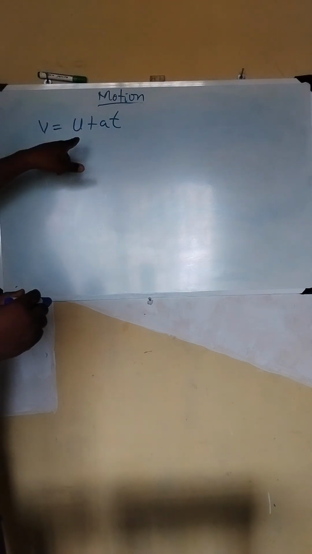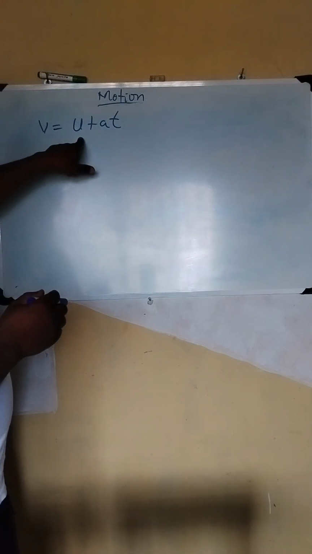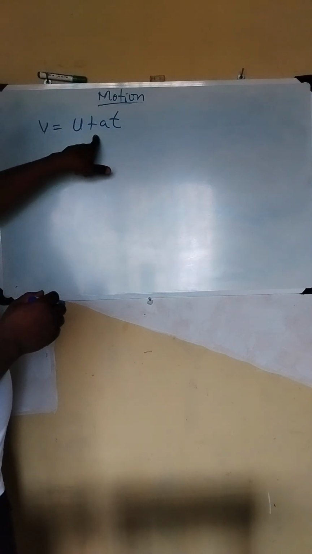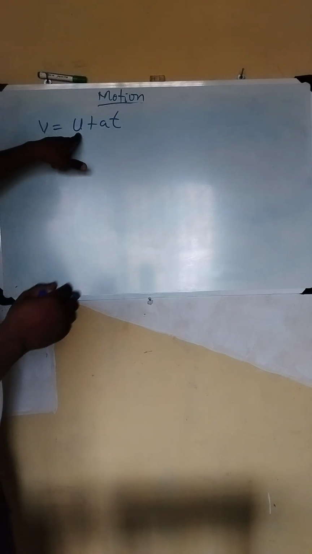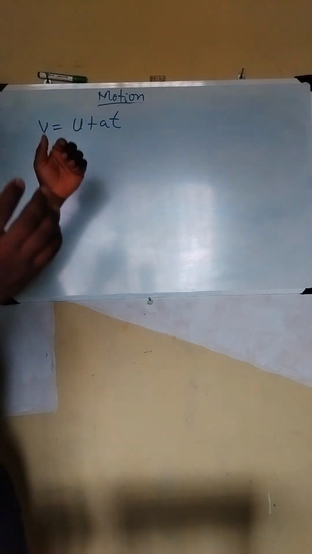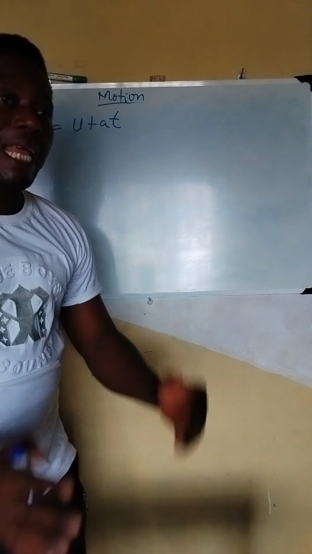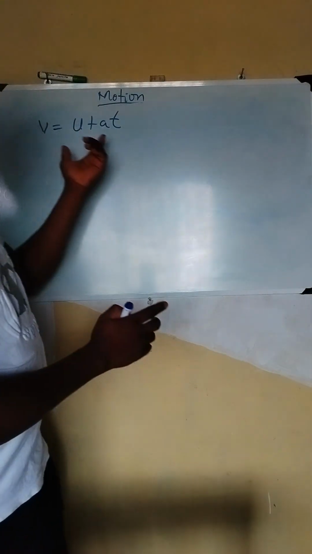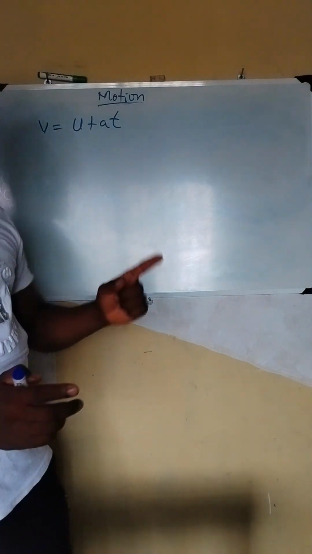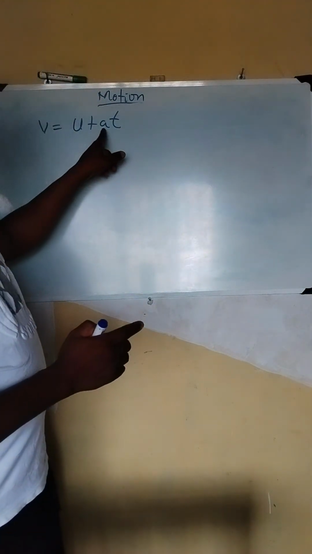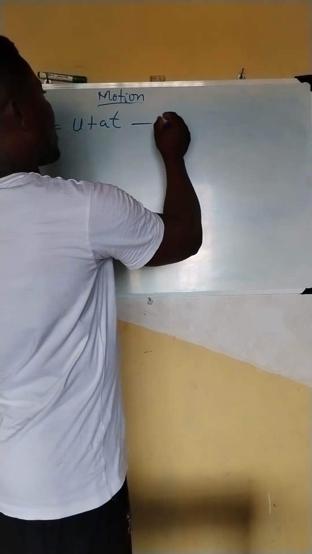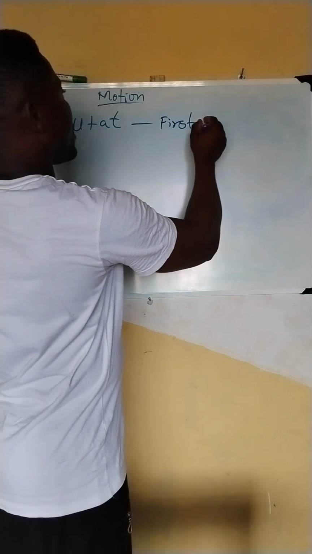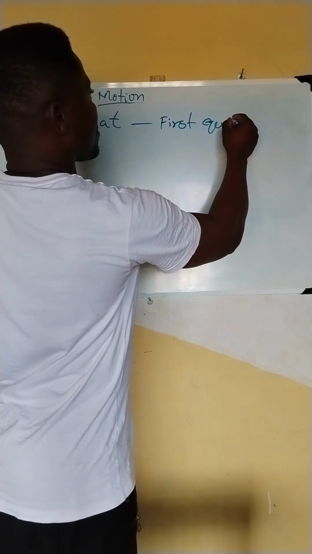When you are to use this equation, the initial velocity is given to you, at times is always 0, because if a body is at rest and the body starts moving, that means that the initial velocity is 0. Then you have the acceleration and time. You make use of this first equation. We call it first equation of motion.